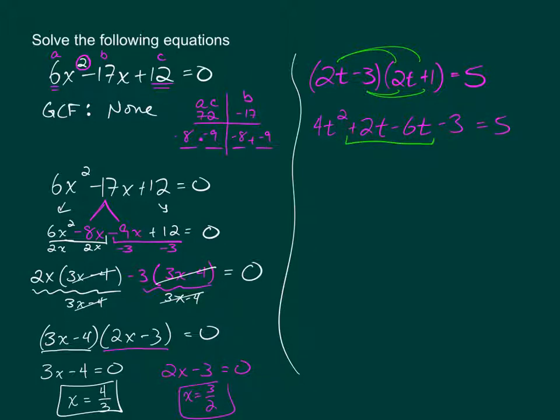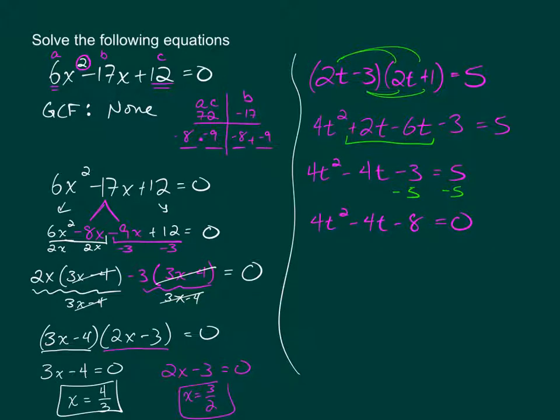Combine these two together to get 4t squared minus 4t minus 3 equals 5. And then since we need this equal 0 here before we can start factoring, subtract 5, subtract 5. This is 4t squared minus 4t minus 8 equals 0.